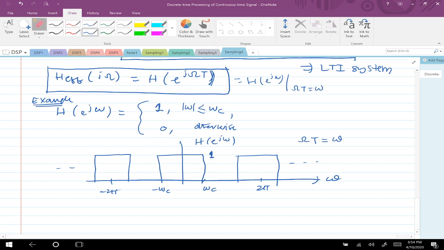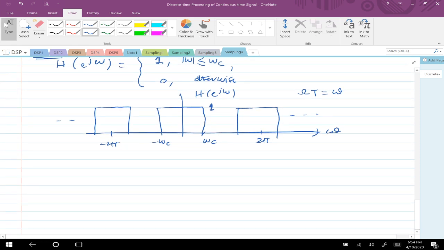Since that variable is omega, let me write it in the other order: omega equal to capital omega T. Let me draw that out. Now what do I get here?